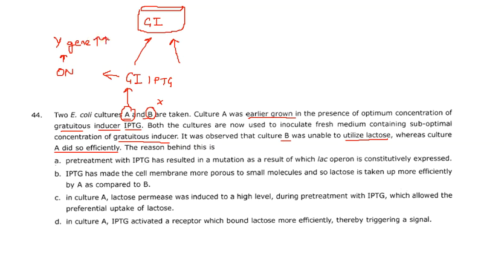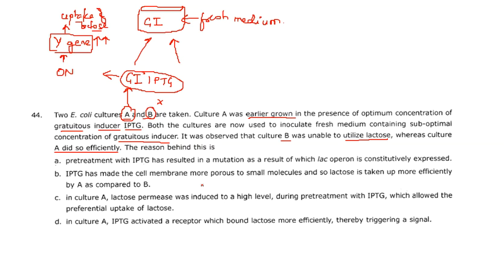Its level is high during pre-treatment, which allows the uptake of lactose from the fresh medium. So when the gratuitous inducer IPTG is added, it allows the expression of Y genes. So more permease, more uptake of lactose will be there. So this is written in option C.